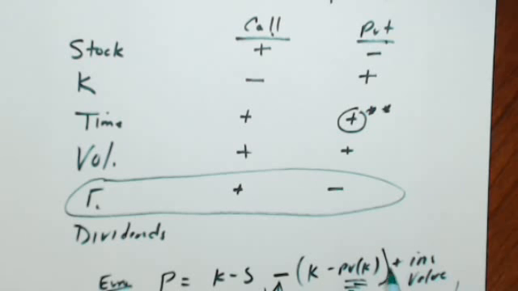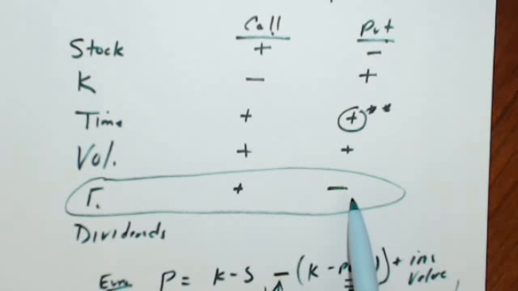And if interest rates go up and you short a stock, remember, that money sits in a bank account and earns interest that the broker will pay you. So when interest rates go up, shorting a stock is more attractive than buying the put, which has an opportunity cost associated with it. So in other words, when interest rates go up, the value of the put drops.